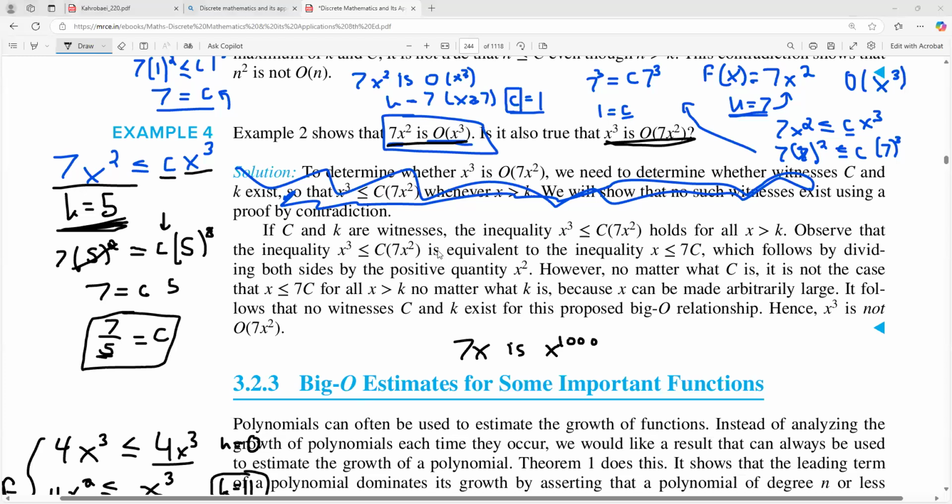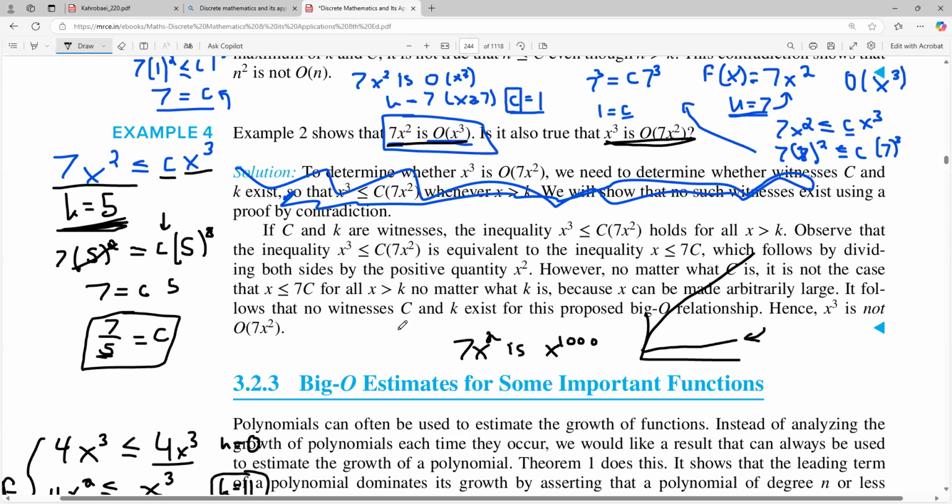But this is true, but it's kind of obvious and it doesn't really help us. Like if I say this function is big O of this function, you're right, but that doesn't really tell me much about my function, right?